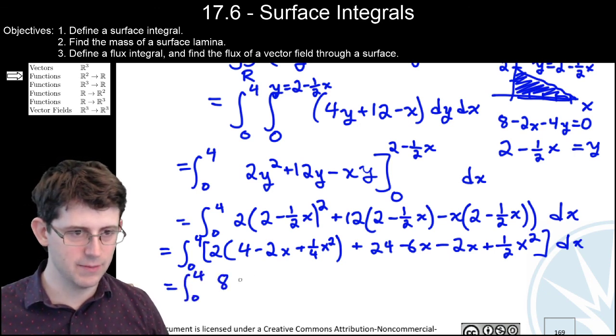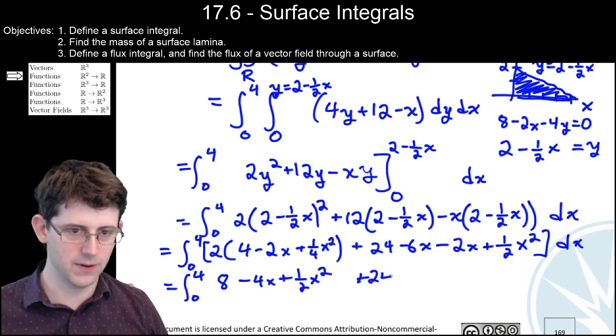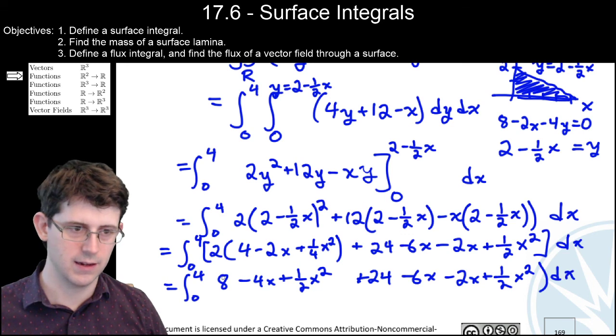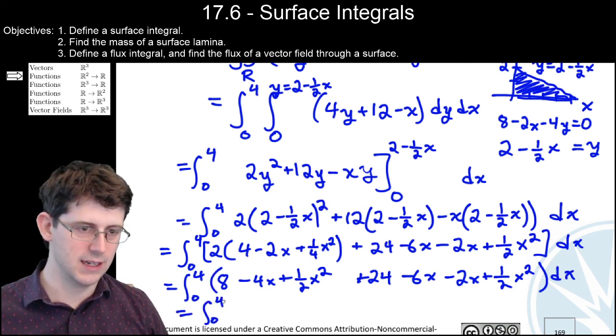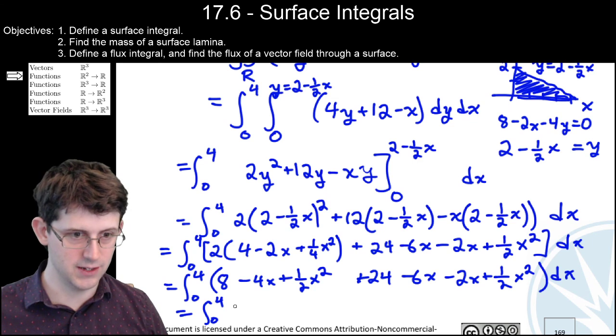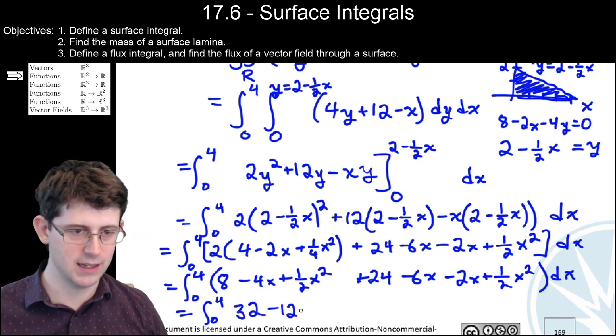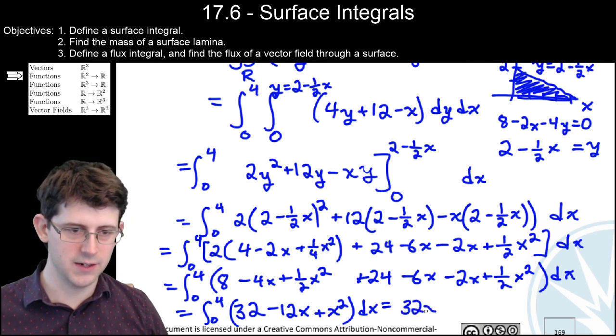It's 8 minus 4x plus half x squared plus 24 minus 6x minus 2x plus half x squared. Collect all the terms. 8 plus 24, that's 32. Collect the x's. I have minus 10 minus 12x. And collect all the x squareds. There's just one x squared. So in total, I've got 32x minus 6x squared plus a third x cubed.